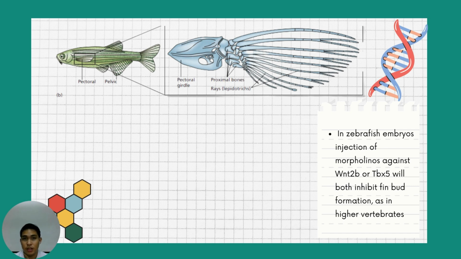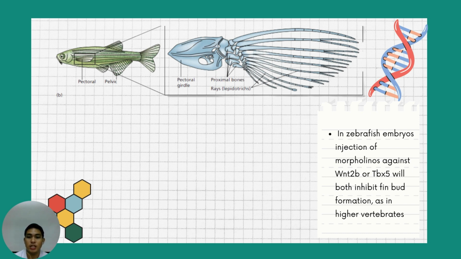I have an illustration of the zebrafish pectoral skeleton. The study of development of the paired fins of zebrafish has provided further evidence for common developmental mechanisms underlying their different anatomy. The injection of morpholinos against WNT2B or TBX5 will both inhibit fin bud formation as in higher vertebrates.